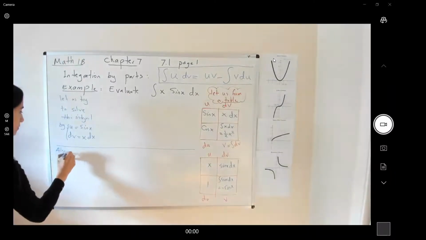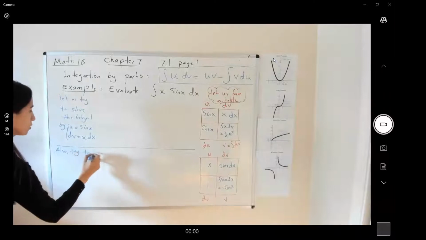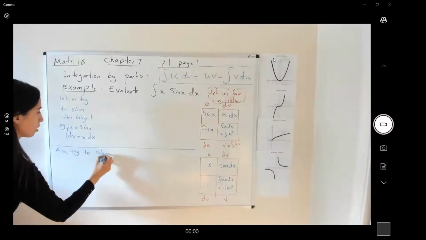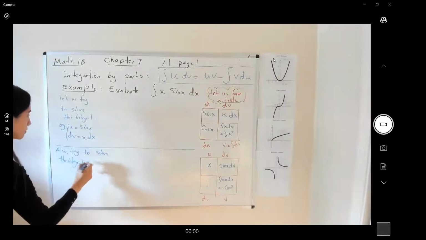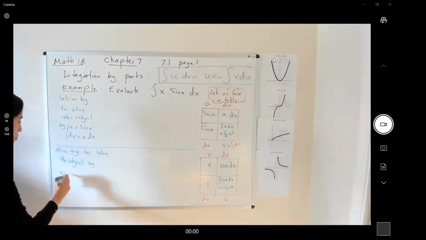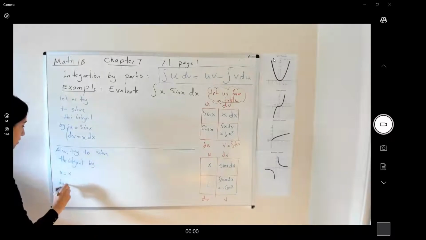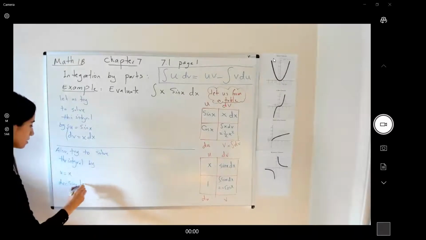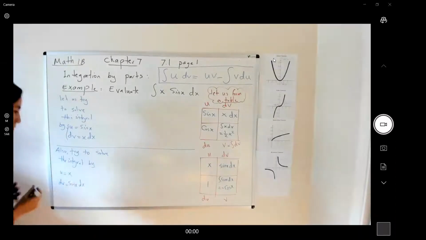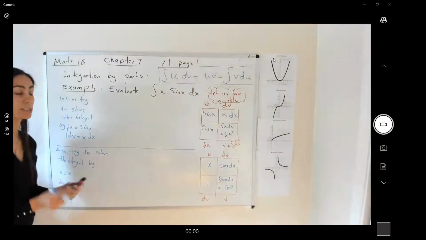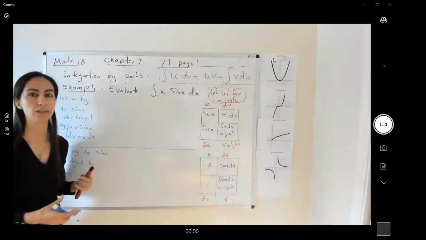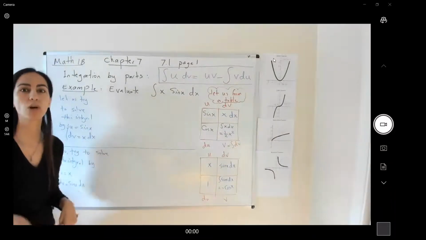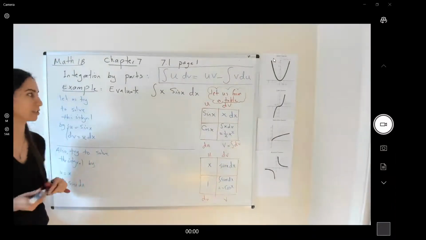Also, try to solve the integral by taking u to be x and dv to be sine x dx. One of them results in a simple integral, the other results in a more complicated integral.